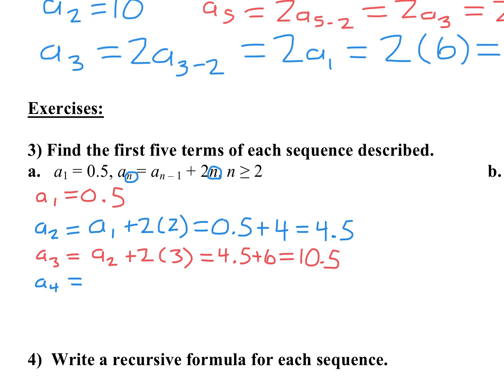For A4, we take the previous term A3 plus 2 times n, which is now 4. So A3 was 10.5 plus 8 is 18.5.